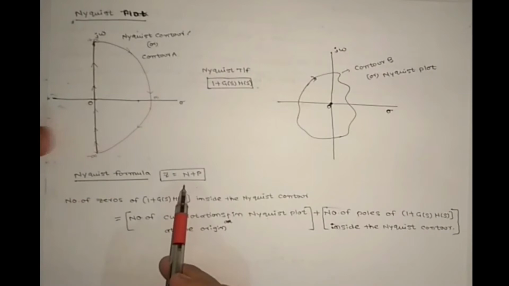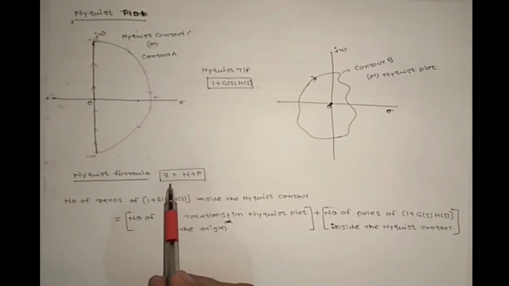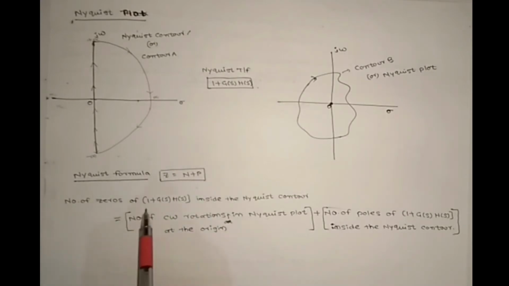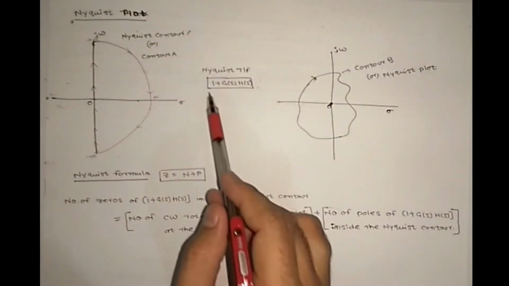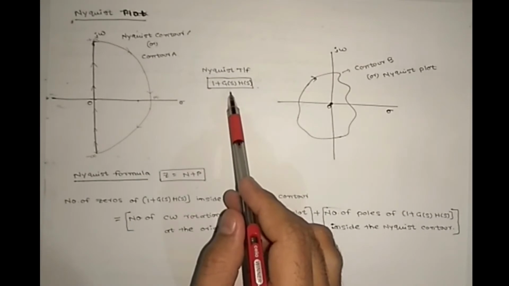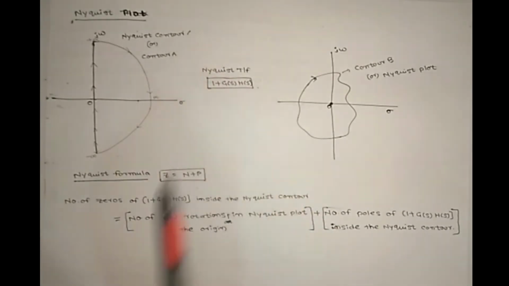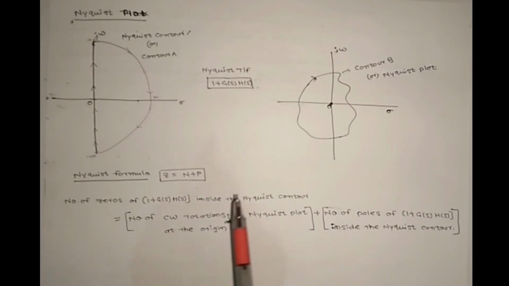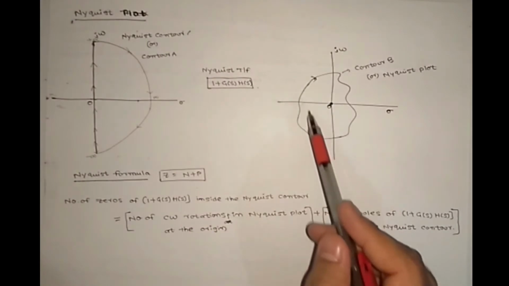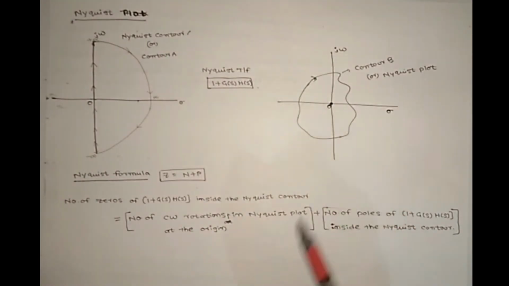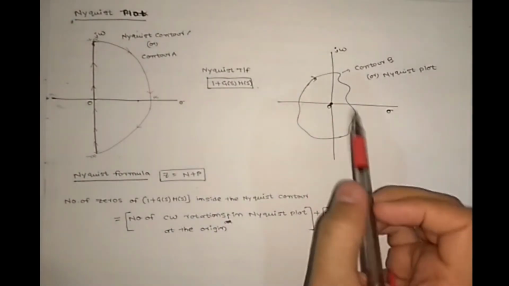And the Nyquist formula we have seen: Z equals N plus P. Here Z is the number of zeros of 1 plus G(s)H(s) inside the Nyquist contour, and we are using this transfer function, right? So any zeros that are there are counted. N is the number of clockwise rotations in the Nyquist plot at the origin.